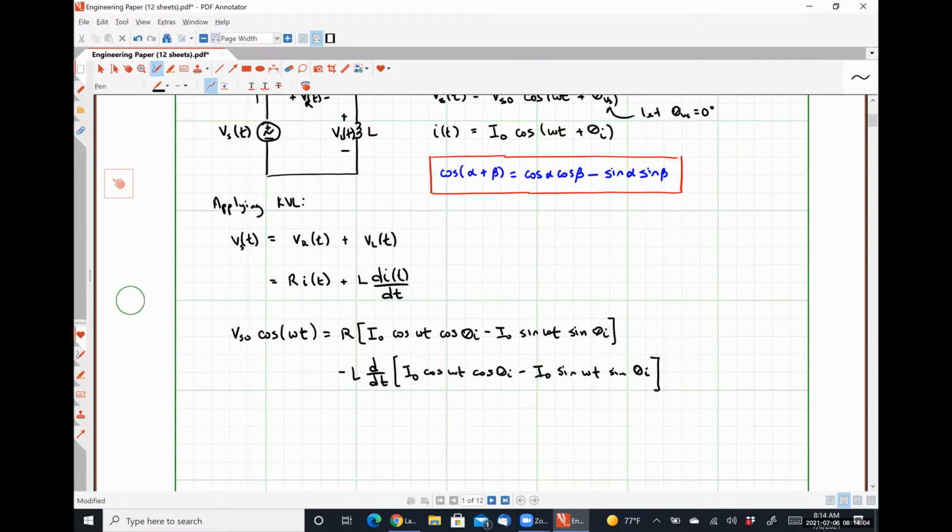So I can combine I naught cosine theta I and I naught sine theta I and replace them with just another variable that represents a constant.